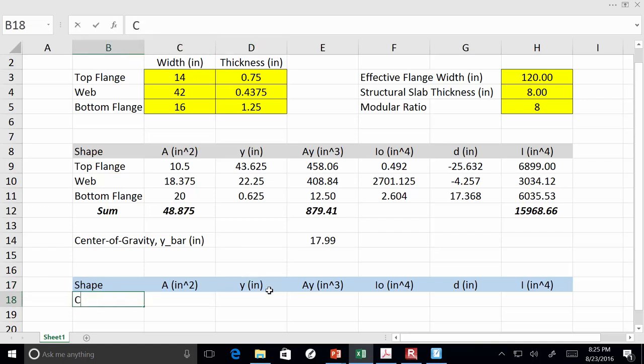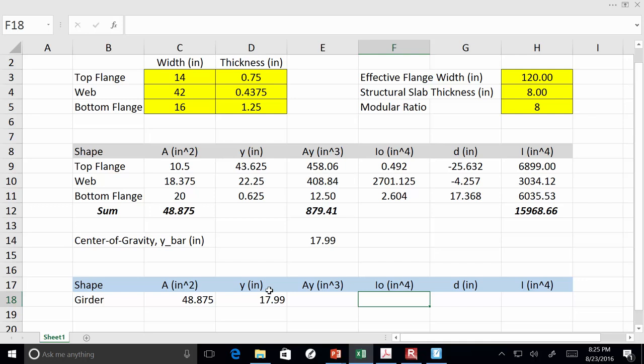So watch this. Let's look at shape. Let's do the girder. What's the area of the girder? It's that, right? All right. What is the centroid for the girder? It's the 17.99, right? It's this. What's the individual moment of inertia of the girder?